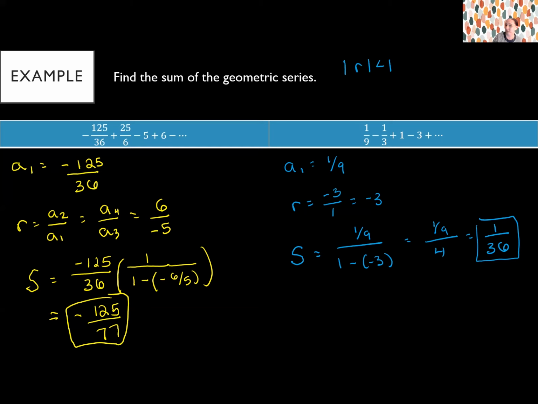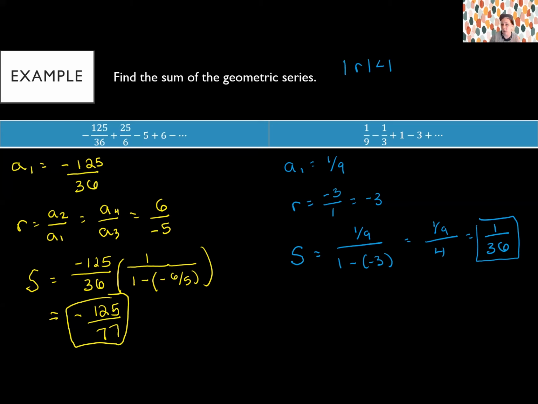And so I said you're not going to see something like this on a quiz or anything like that, and of course not on the application assignment. I put these specifically in this session just to kind of get you thinking. So we got answers with our formula, but these are not actually valid answers because the formula only works when the absolute value of R is less than 1.